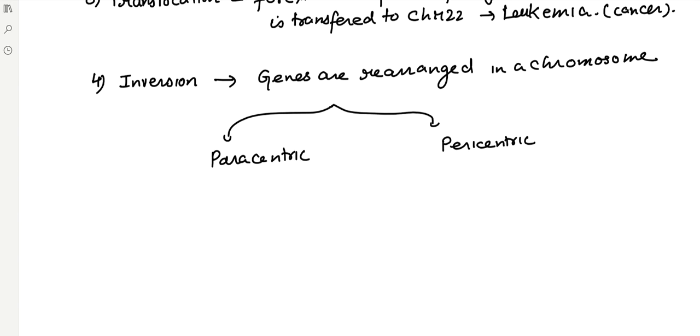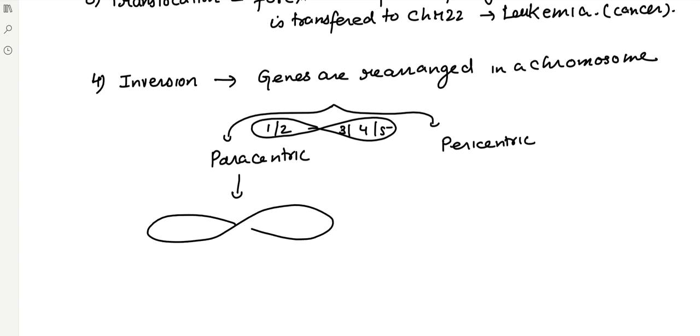Now for example, if you have a chromosome here, 1, 2, 3, 4 and 5, and if the switch is something like this, that the particular genes are exchanged in such a manner that the centromere is not involved, you're going to get something like this. You'll have 1, 2, 3, 5 and 4.